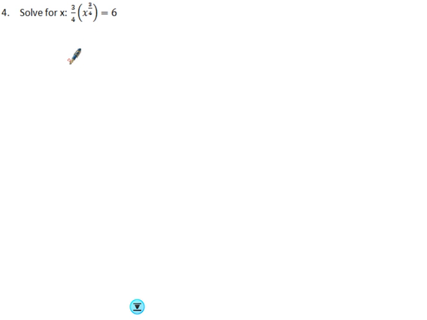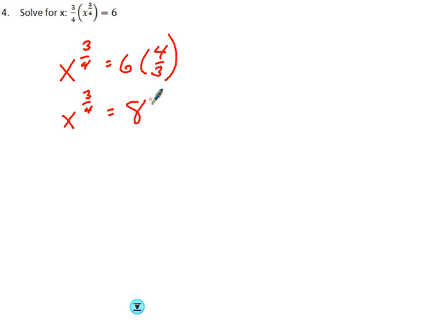So you can multiply both sides by 4/3. So this would be x to the 3/4 is equal to 6 times 4/3. So that cancels out your 3/4 on the left side of the equation. And then you can say 6 times 4/3, well, that'll be 8. So x to the 3/4 is equal to 8.